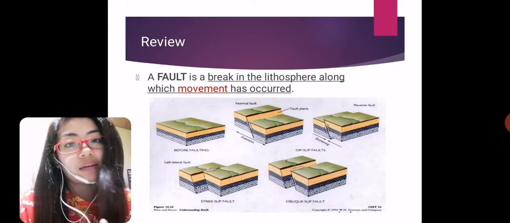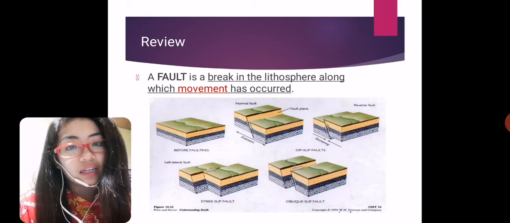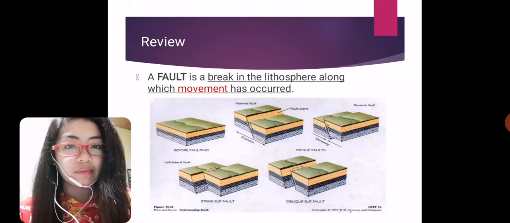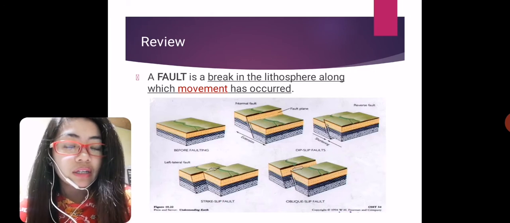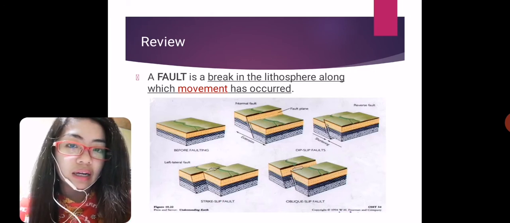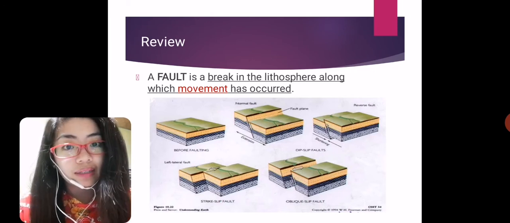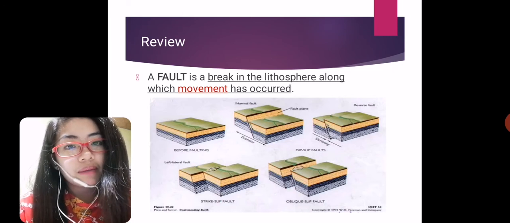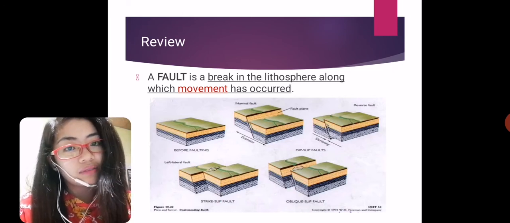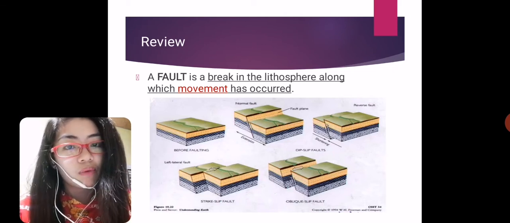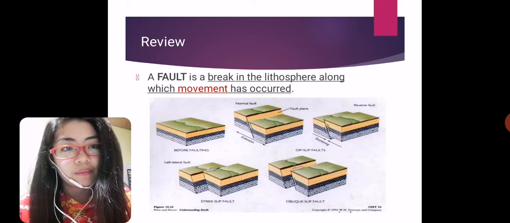Na-describe din natin si fault, which is active and inactive. Pag sinabi nating active fault, siya yung type of fault na possible gumalaw anytime. Kapag naman sinabi nating inactive fault, masasabi natin na inactive if ever walang history ng paggalaw over a million years.